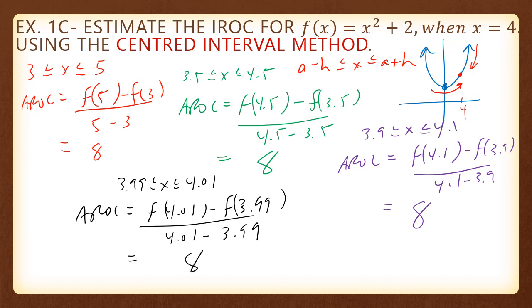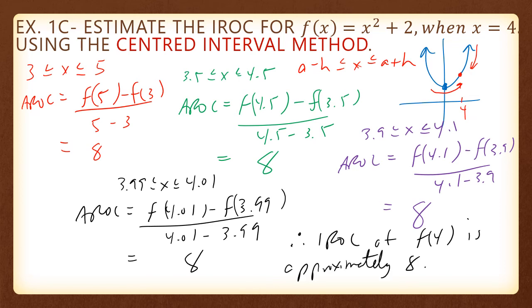What do we get? 8. Again, therefore, IROC of f of 4 is approximately 8. Hopefully that makes sense. We did it enough where you get the idea.